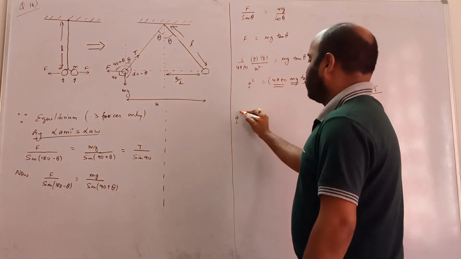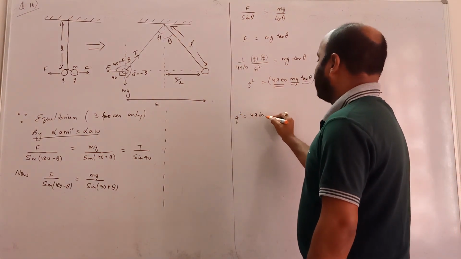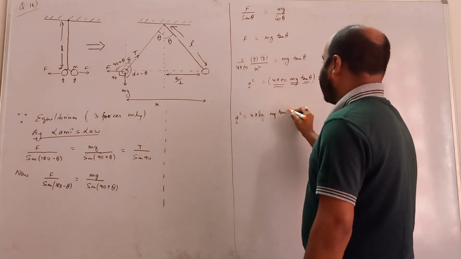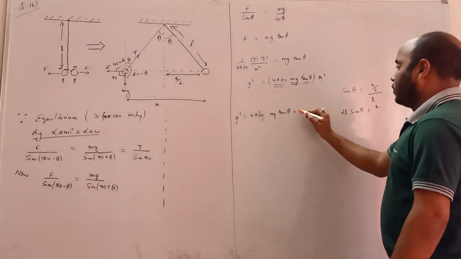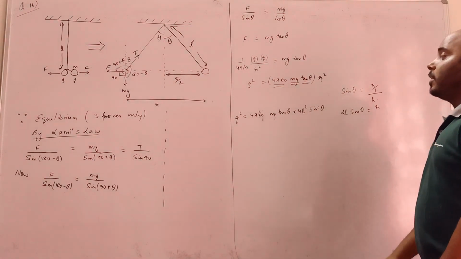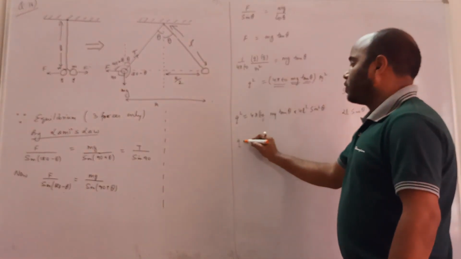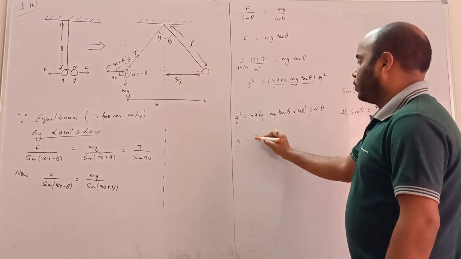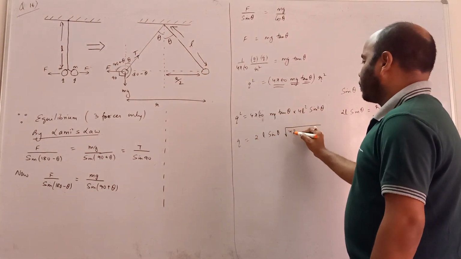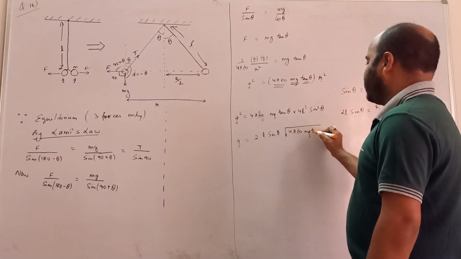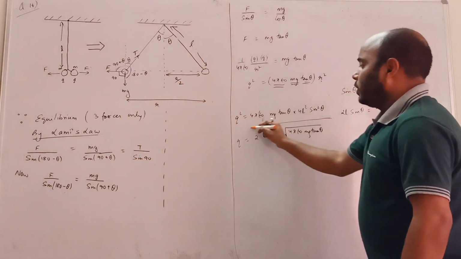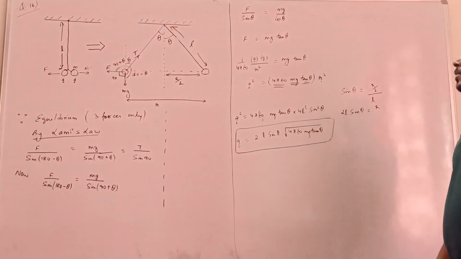Now substitute. Q square equals 4 pi epsilon naught mg tan theta into R square, 4L square sin square theta. Okay. From there we will get Q. What is Q? 2L sin theta under root 4 pi epsilon naught mg tan theta. Okay. So we got the value of Q.